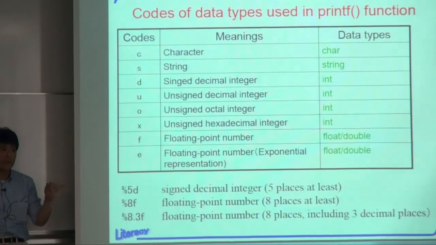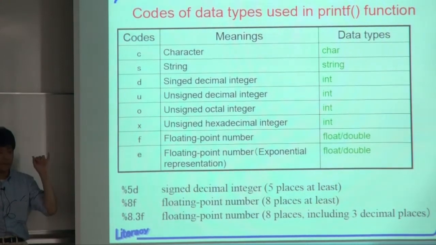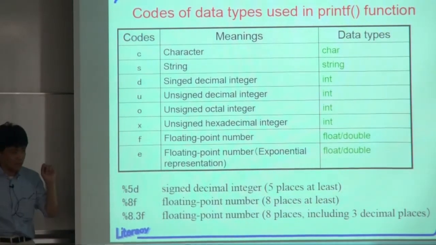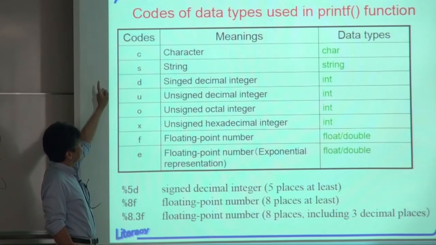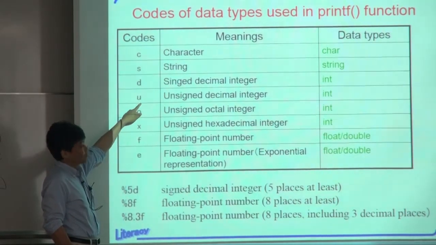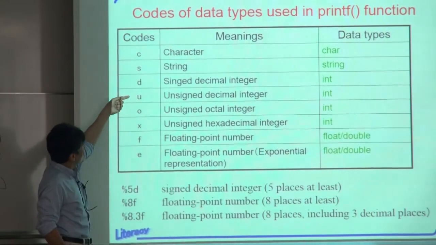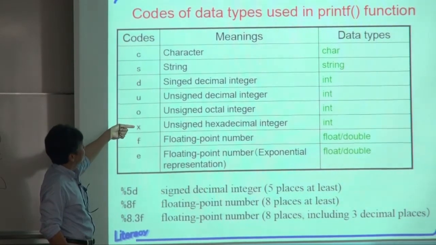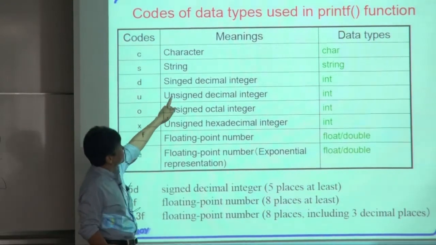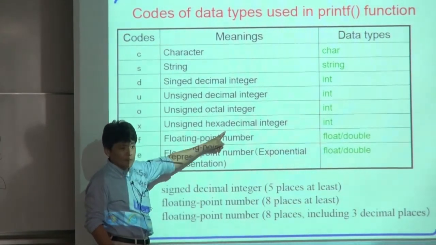As I will explain later, you can use the unsigned prefix for defining variables, for example unsigned int. In these cases, the corresponding variable is treated as an unsigned number. For such variables, you have to use u, o, or x, because these are treated as unsigned decimal, unsigned octal, and unsigned hexadecimal.